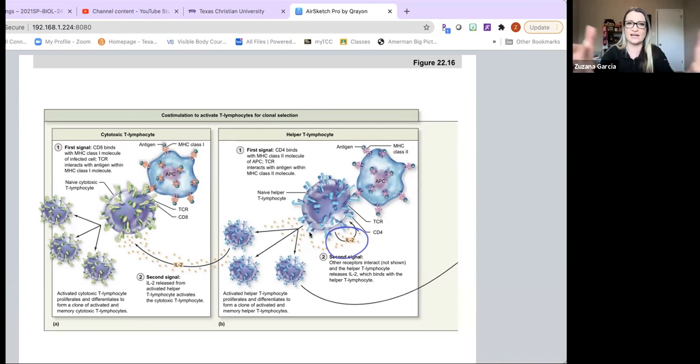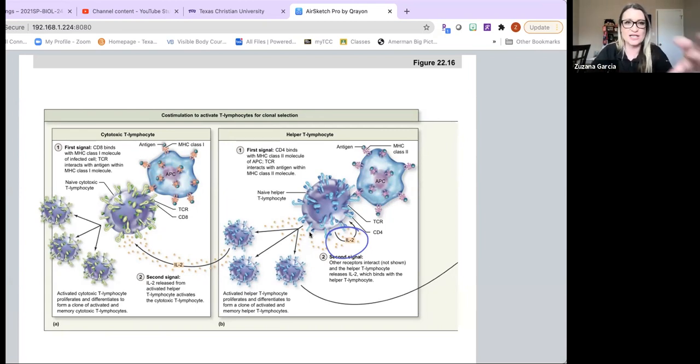These activated helper T lymphocytes are releasing that interleukin-2, and the interleukin-2 is also activating cytotoxic T lymphocytes. Cytotoxic T lymphocytes can make the match with the antigen on the MHC class 1 molecule, but they need that stimulation from the helper T lymphocytes to start dividing.